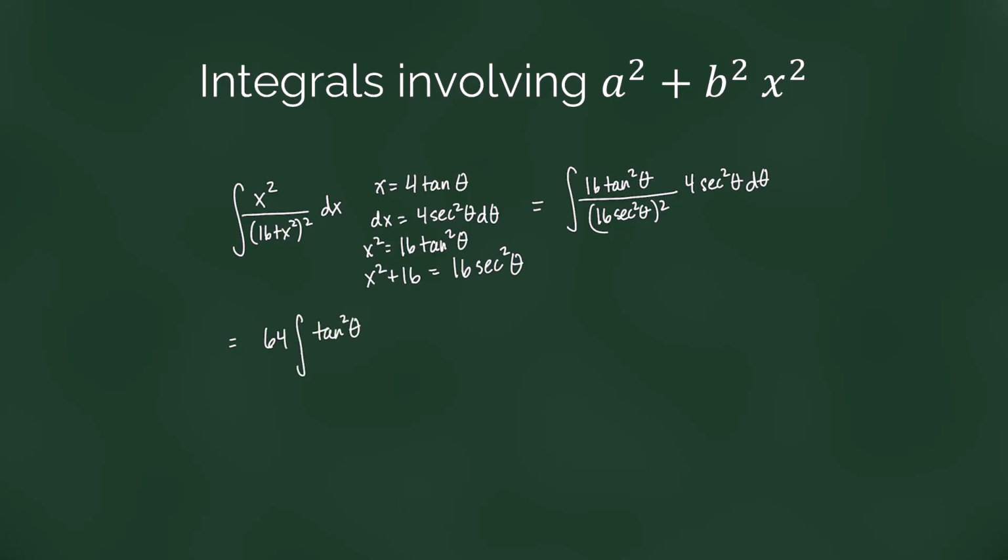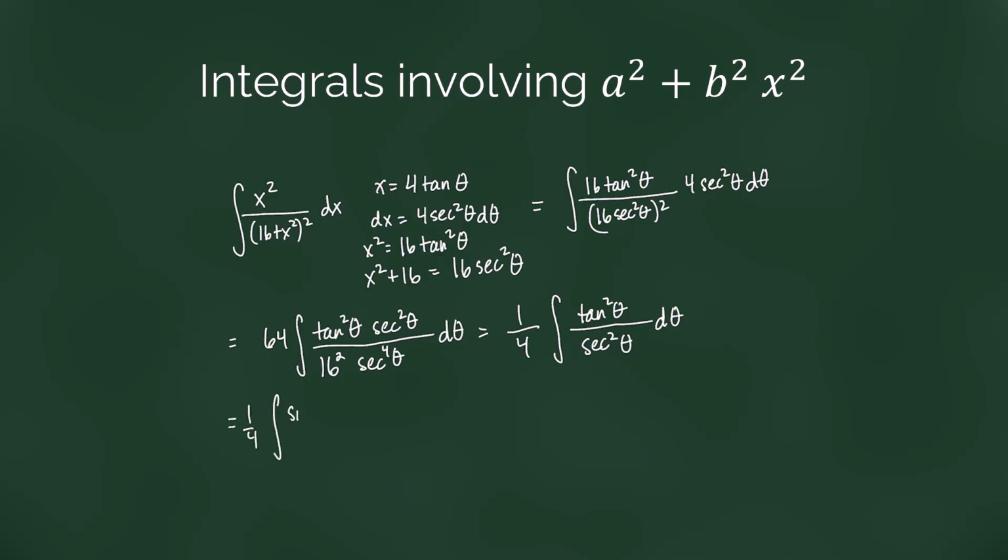We'll bring the 16 and the 4 out to the front to get 64 times the tangent squared of theta over the secant squared of theta. Then we have 16 squared in the denominator and secant to the 4th when we square secant squared. 64 over 16 squared simplifies to 1/4. So now we have 1/4 times the integral of tangent squared theta secant squared theta when we cancel the secant squared and the secant to the 4th.